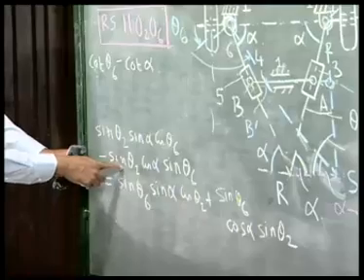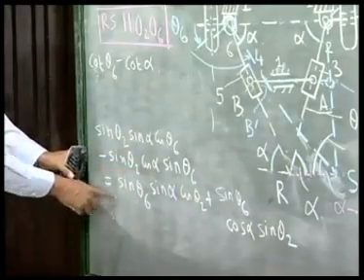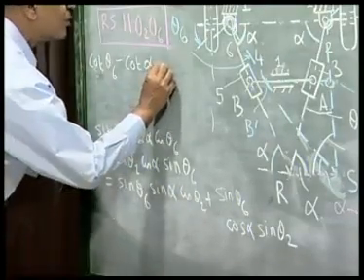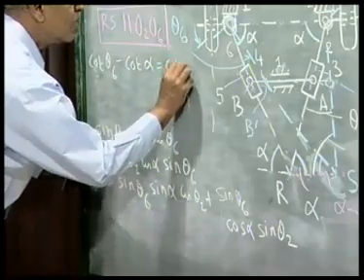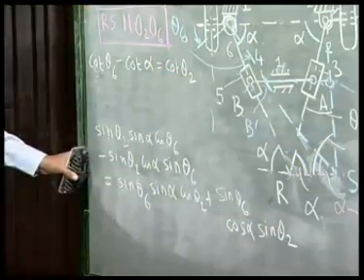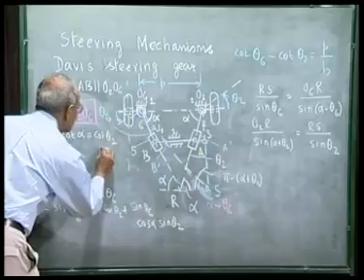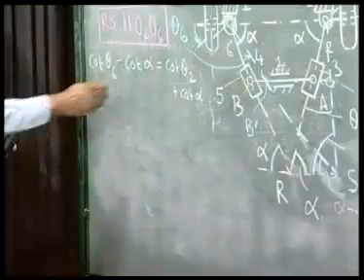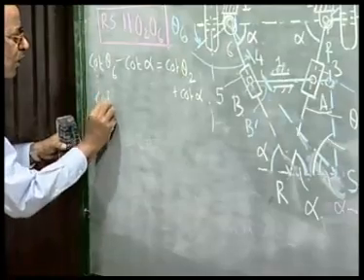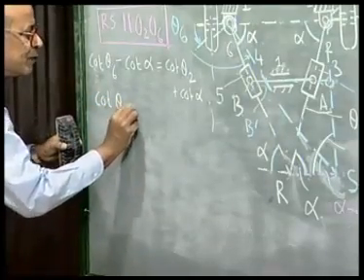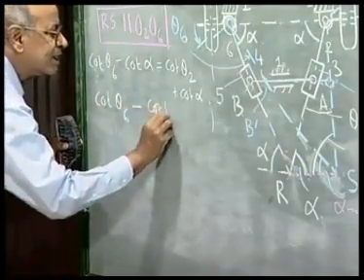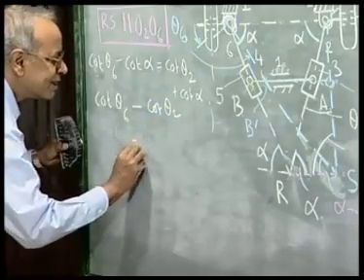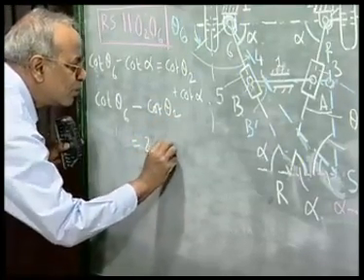This sine cancels and this gives me cot alpha. Here I get equal to cot theta 2 and here I get plus cot alpha. So, that gives me cot theta 6 minus cot theta 2 is 2 cot alpha.